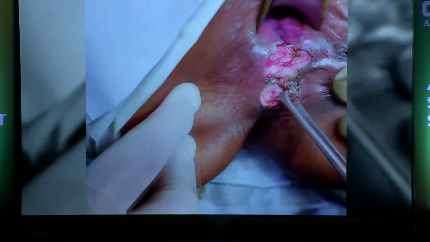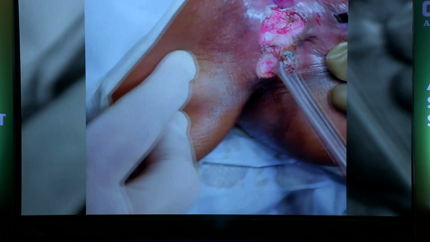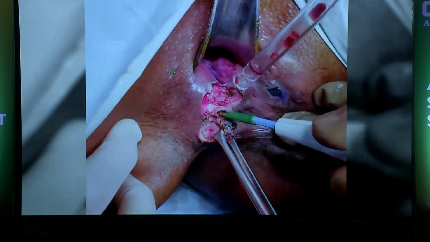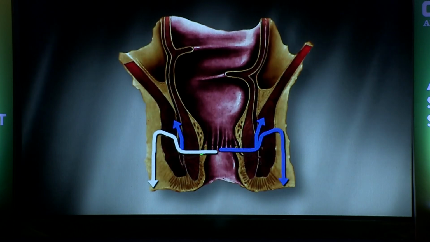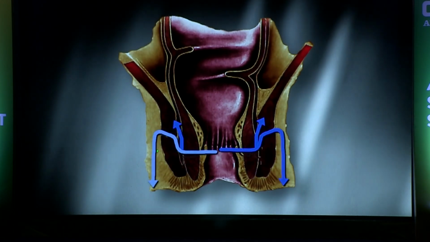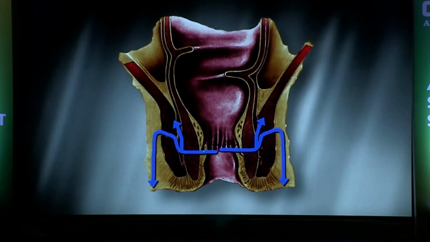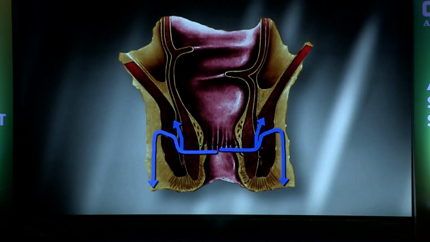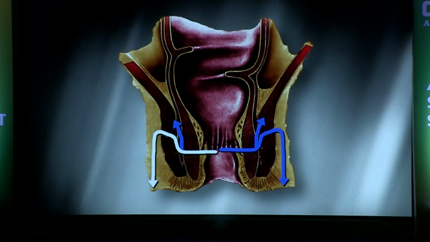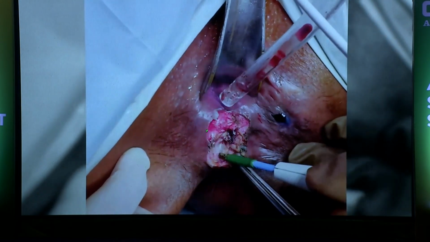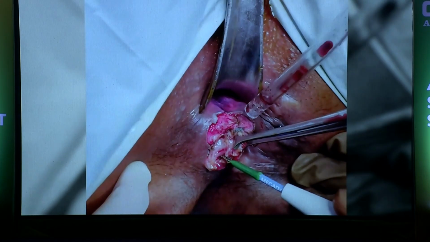If you're cutting the sphincter, cut it only on one side, not on 2 sides. First I'm removing this whole tract by doing a fistulectomy, including the internal opening, the anal gland complex, everything I'm removing first. The advantage of a fistulectomy over a fistulotomy is you can see everything under vision.